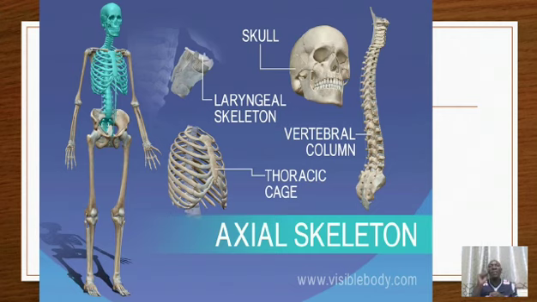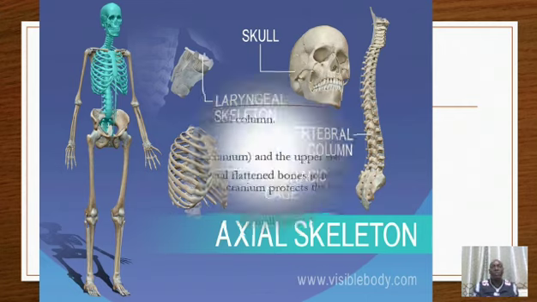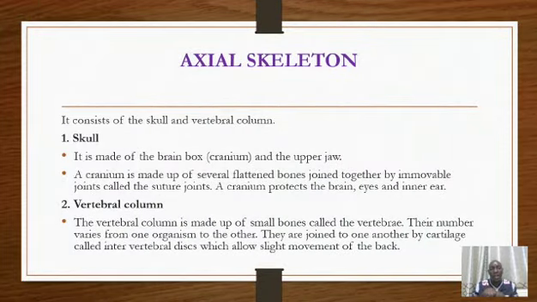We are going to see that vertebrae are of different types, but they are joined to each other by cartilage, forming what we call the intervertebral discs.